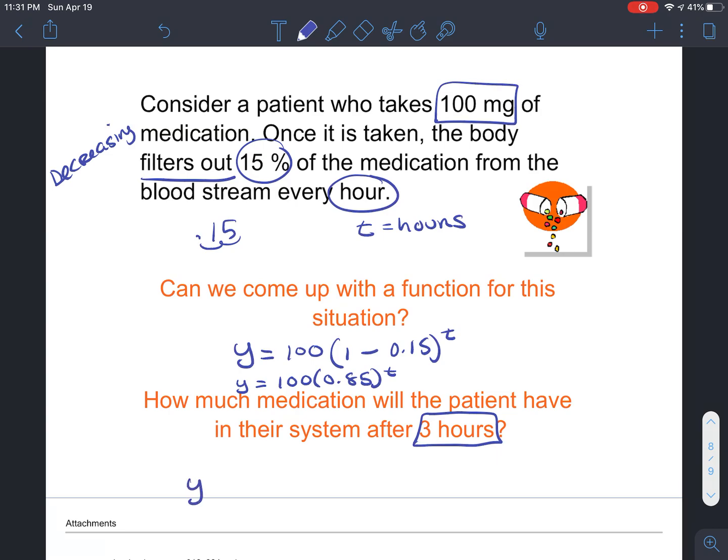Okay, so hours matches with hours, so we can plug it directly in. And we have 61.41 milligrams left in our system. So we still have a significant amount of the medicine in our system. So you probably would not take a second dosage after this time.